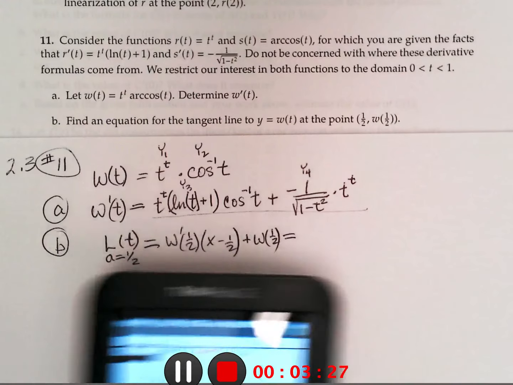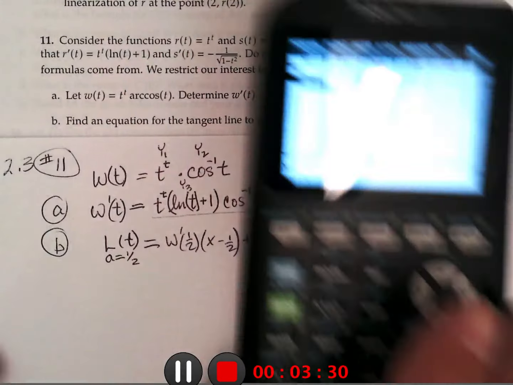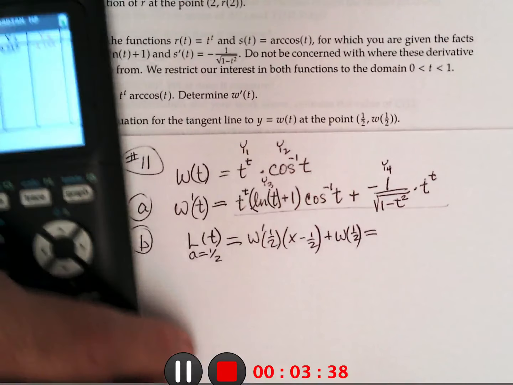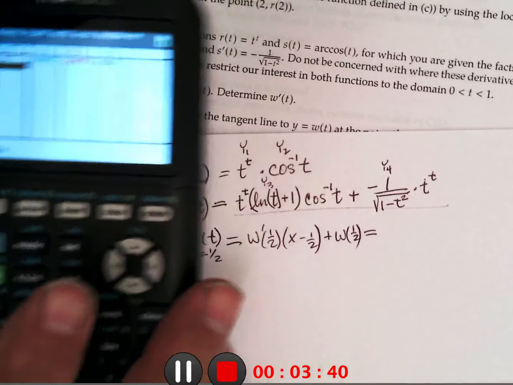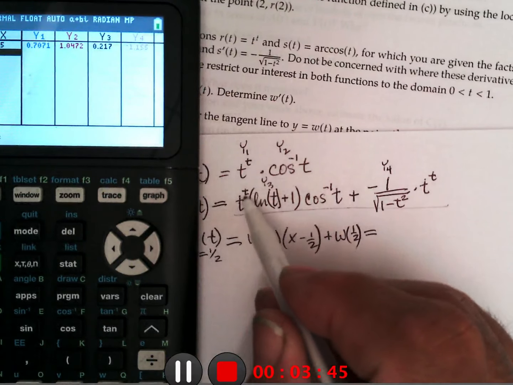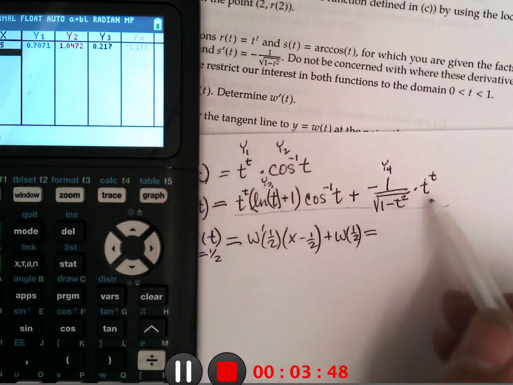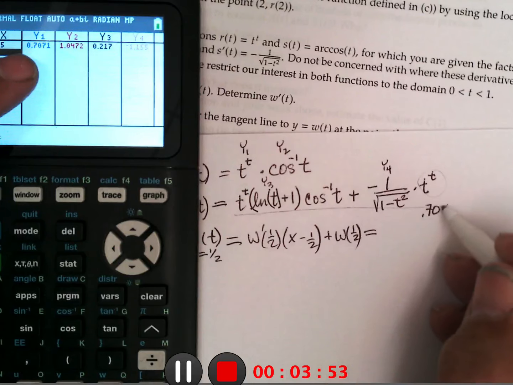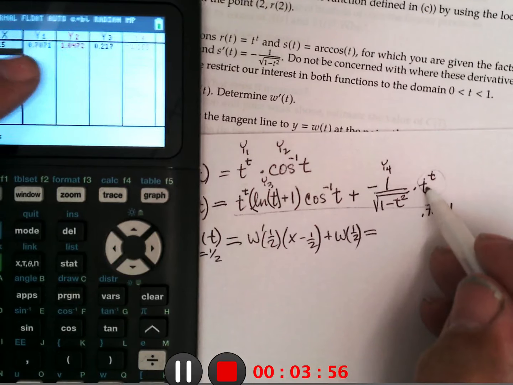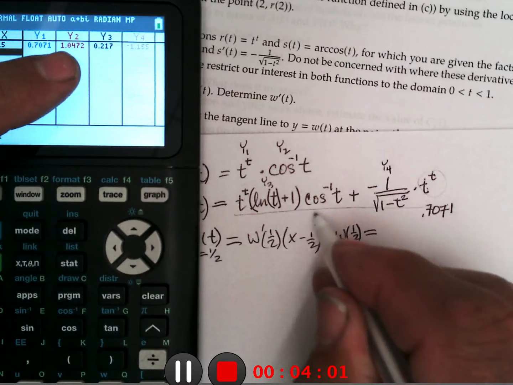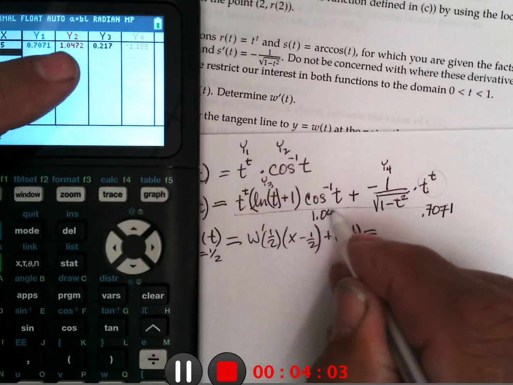So let's see if I can set that somewhere where you can see the table and slide this over. And the first thing I have is t to the t, and that's 0.7071. y2 is this thing, and that's 1.0472.